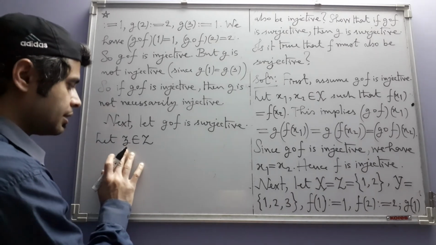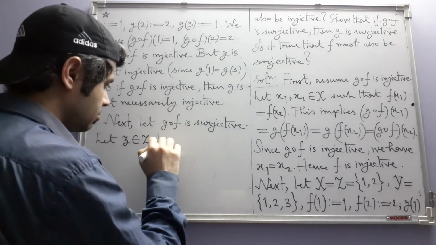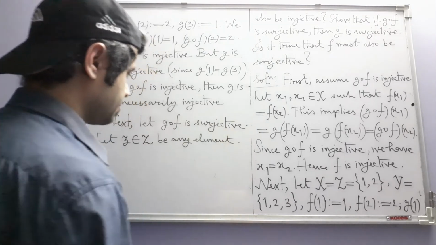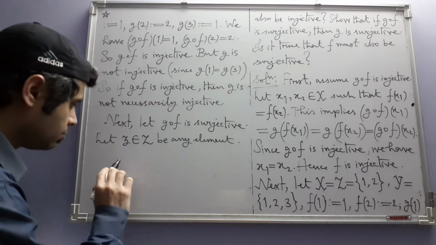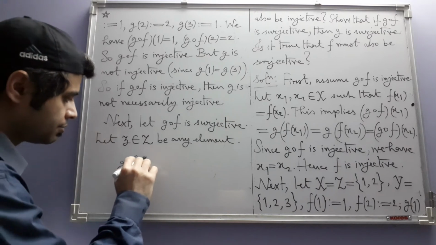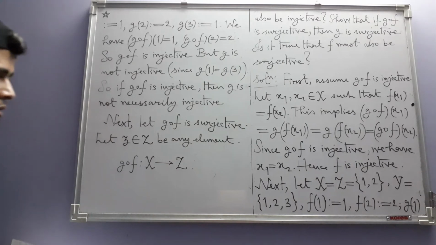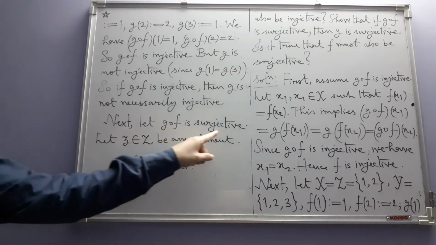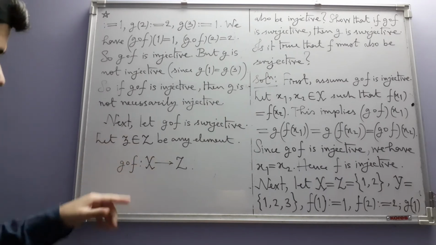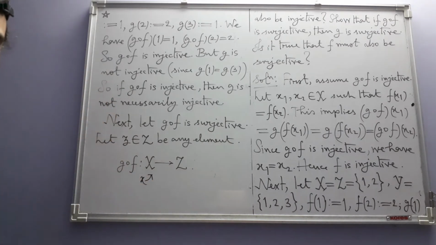So that means I have taken Z in Z. Now what is the domain of G composition F? X, and what is the range? Range is Z. So you see, since G composition F is surjective and this is any element in the range of this function, there will be one input for which this is an output.